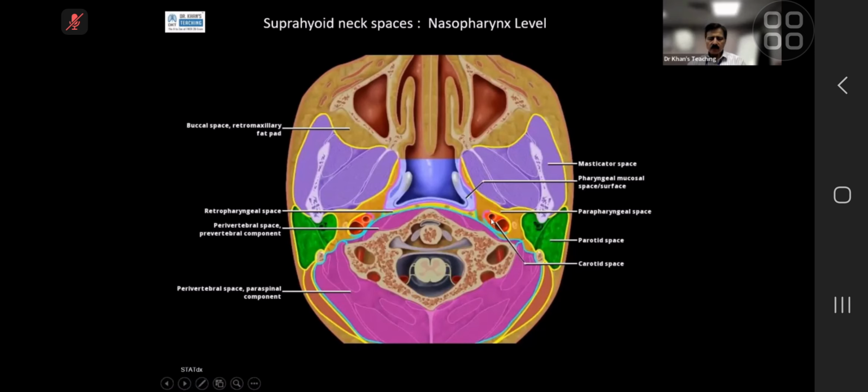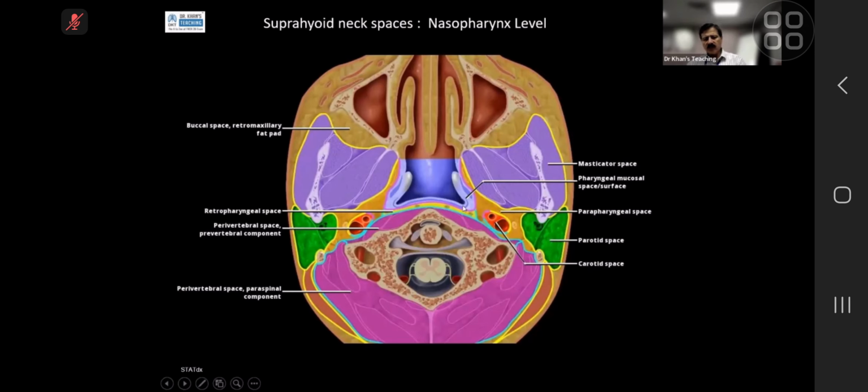Posterior to the parapharyngeal space is the carotid space, with the carotid artery, the internal jugular vein, and the vagus nerve. Here is the parotid space. And posterior to this, the one shown in yellow color is the retropharyngeal space. Posterior to that is the perivertebral space, and this is the prevertebral component of the perivertebral space.